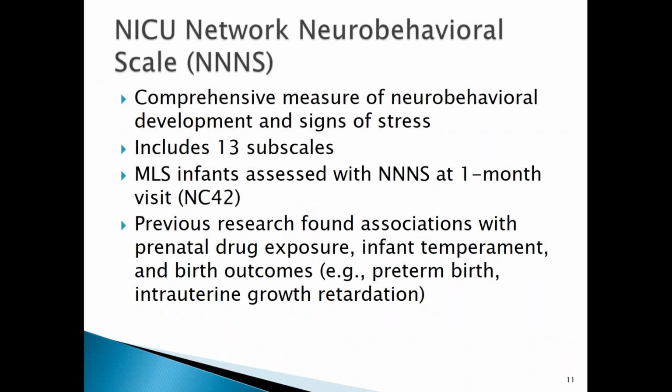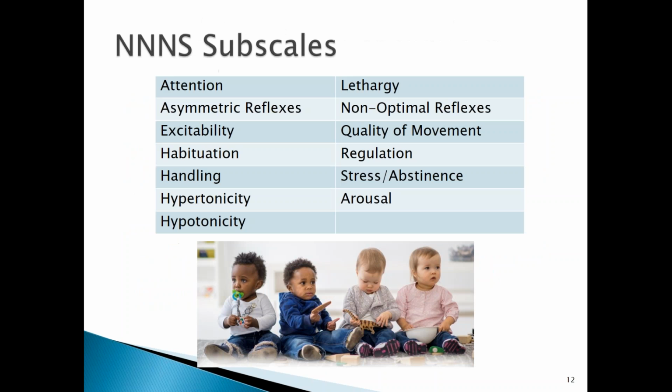Now, one early childhood scale that I specifically wanted to mention, because it's one of the unique features of MLS, is that they included at the 1 month visit a comprehensive measure of neurobehavioral development and signs of stress. I haven't seen many that have so much detail about the child development as this one. This is referred to as the NNNS, and that's Form NC42, by the way.